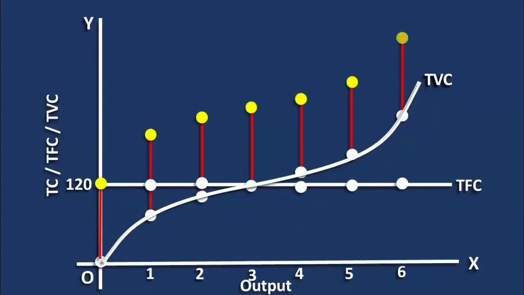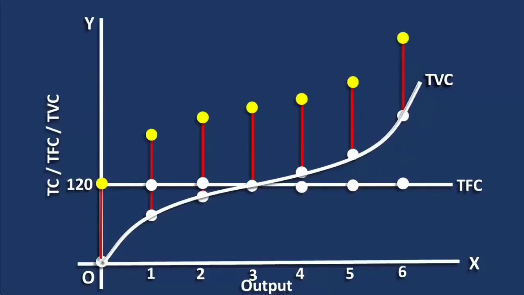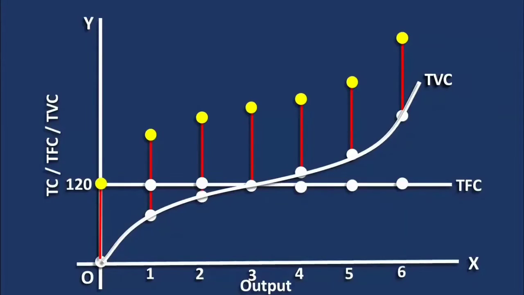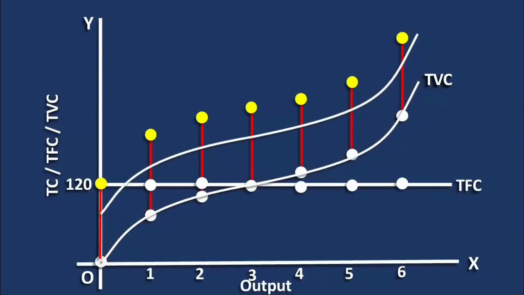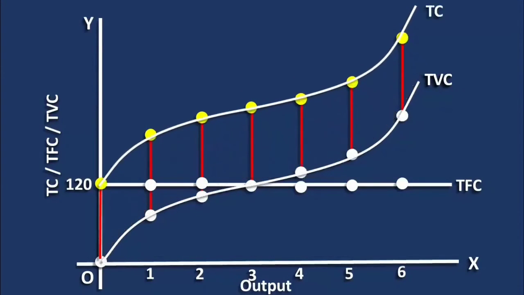From each point on the TVC curve, move up by 120 units, that is, add 120 rupees. We will get the point on the total cost curve. And if we do this for all the points on total variable cost, we will get a new curve, which will be your total cost curve.